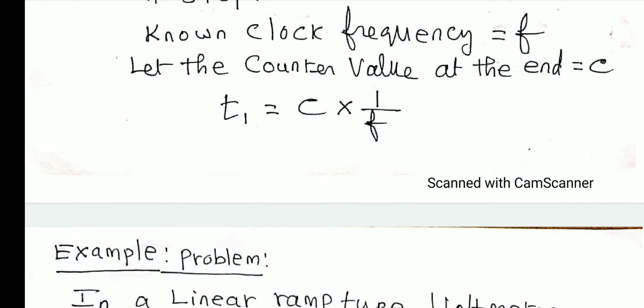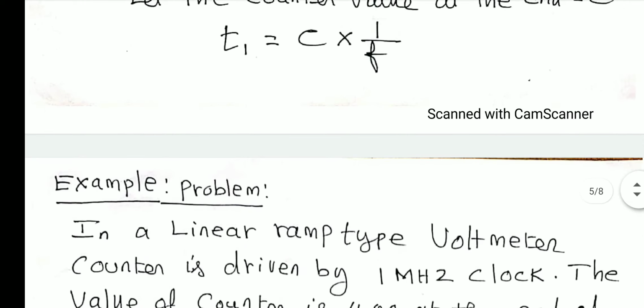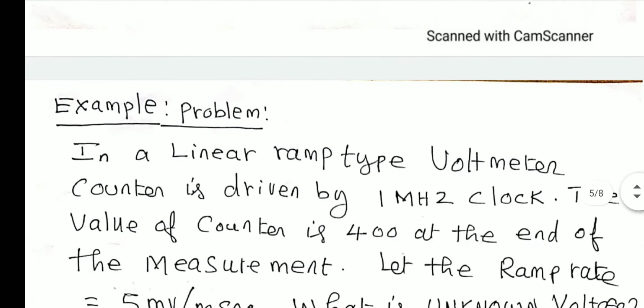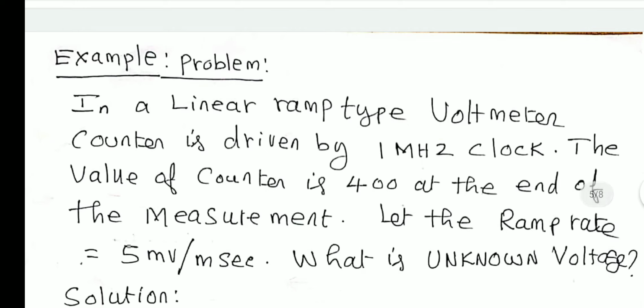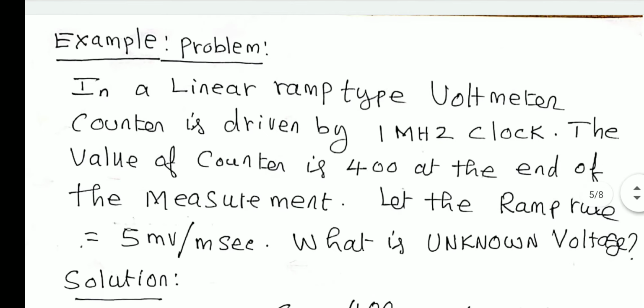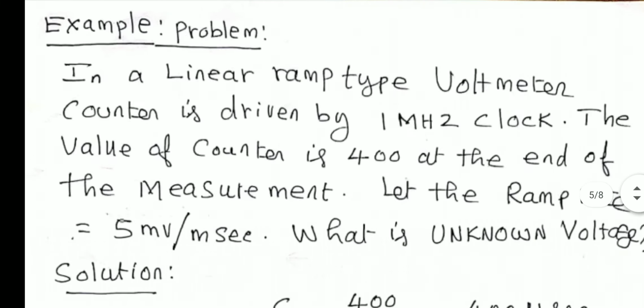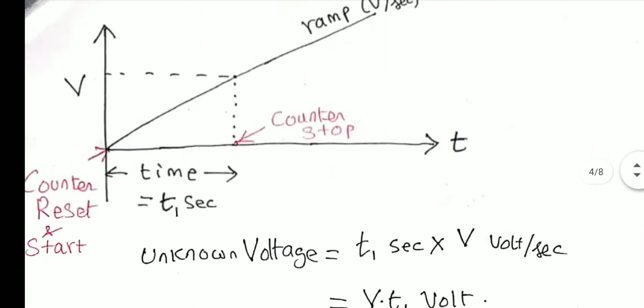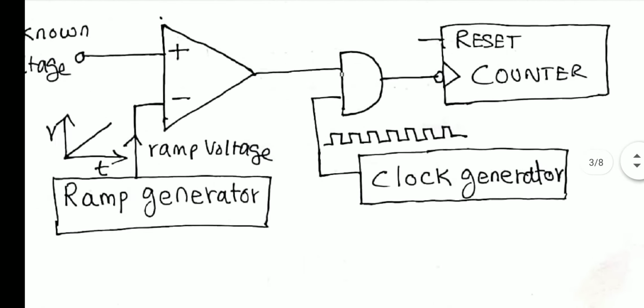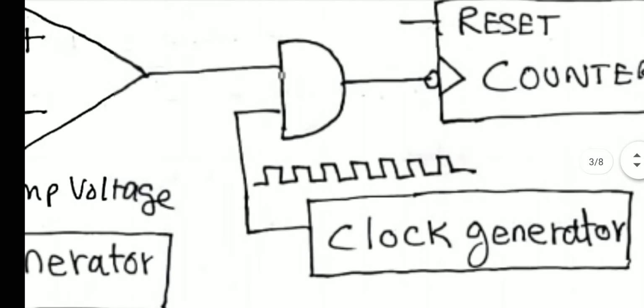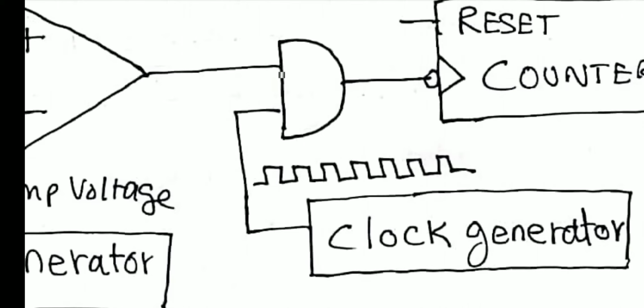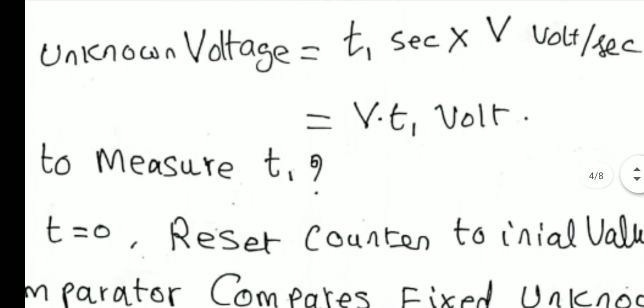Now, to understand this concept with a numerical problem, let us consider an example. In a linear ramp type voltmeter, the counter is driven by a 1 megahertz clock. That is, assume the frequency of the clock pulse is 1 megahertz.